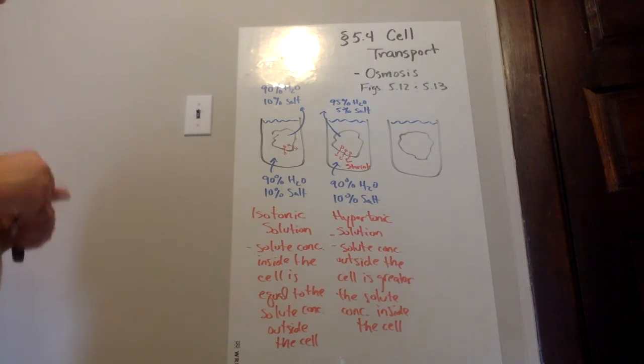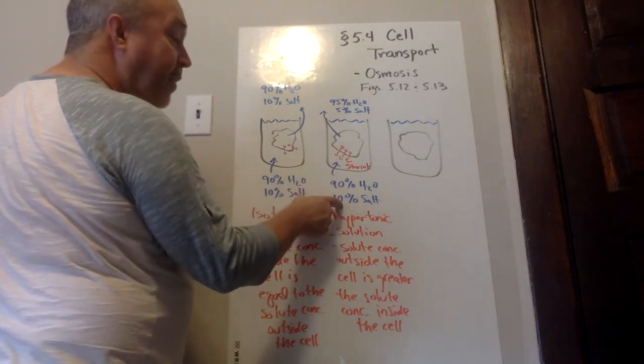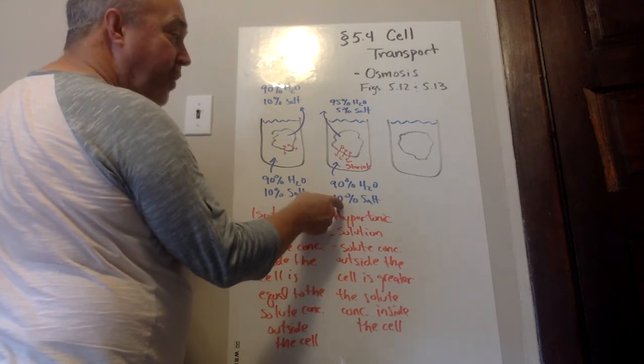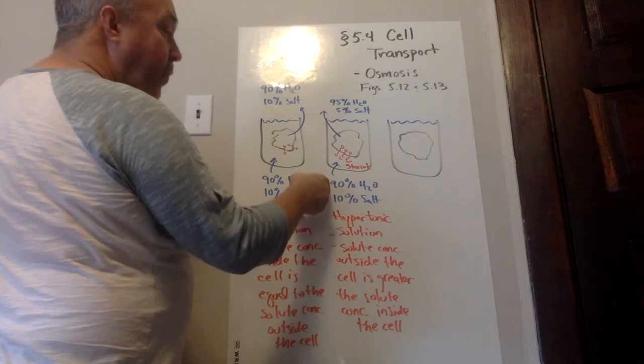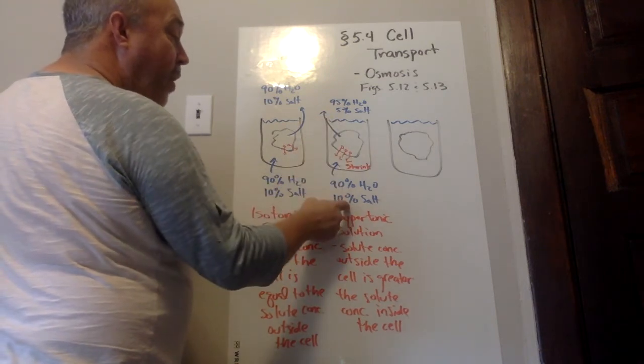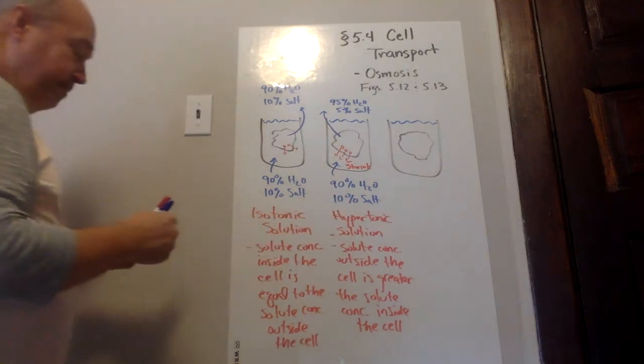What you will notice is the water will always move towards the higher solute concentration. Remember, 95 was bigger than 90, and so water moved out. It will always move towards the higher solute concentration.